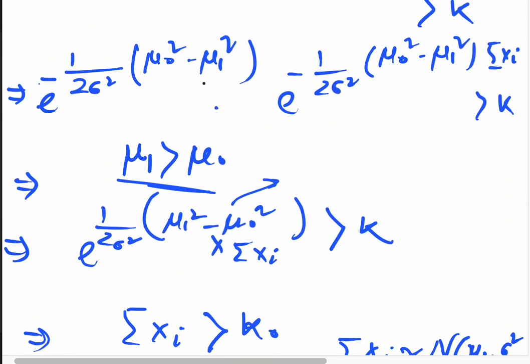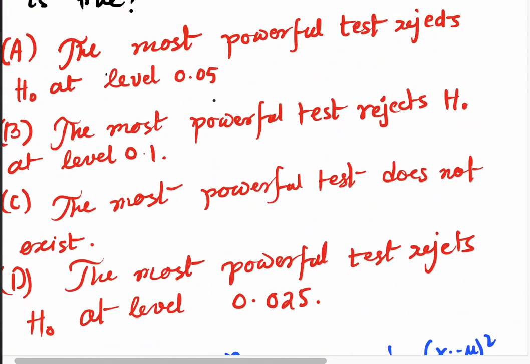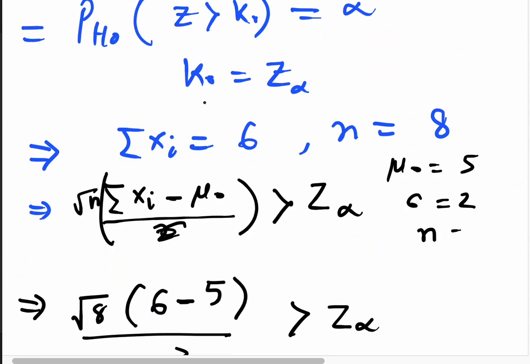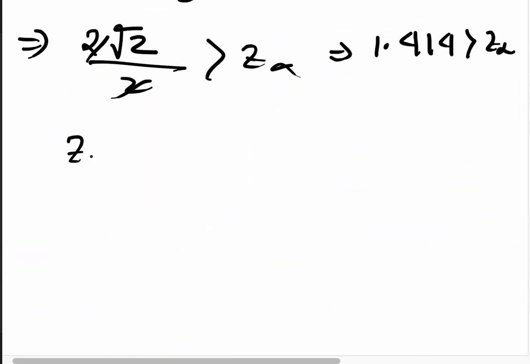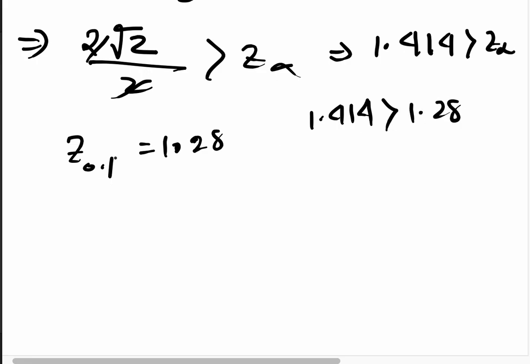Now if alpha is 0.05, we know that z alpha means 0.05, okay, 0.1 is the point 0.1, this is 1.28, so obviously 1.414 is greater than 1.28. So under the 0.1 significance level we can reject this.